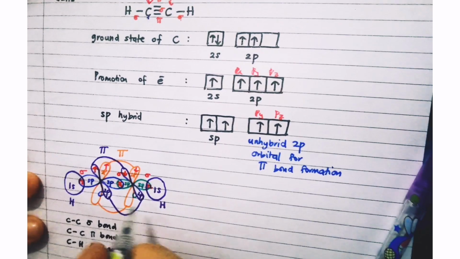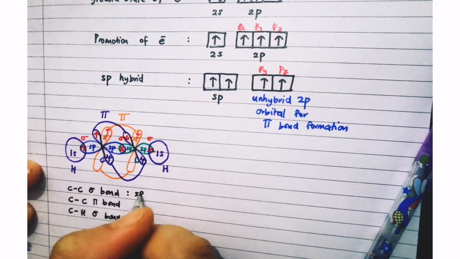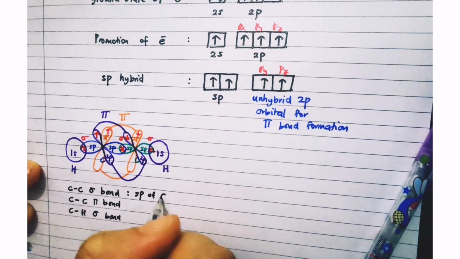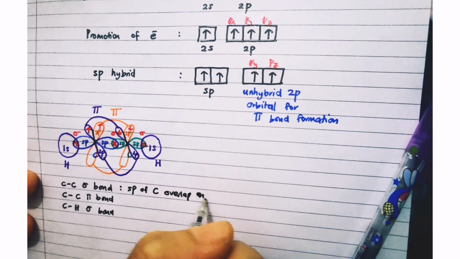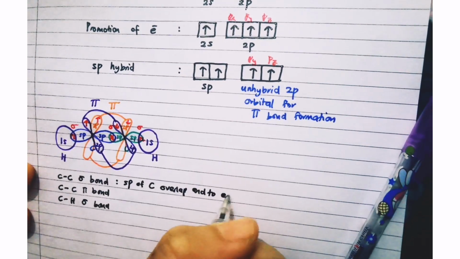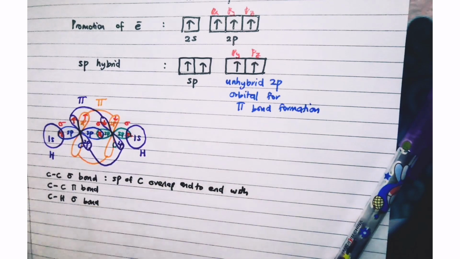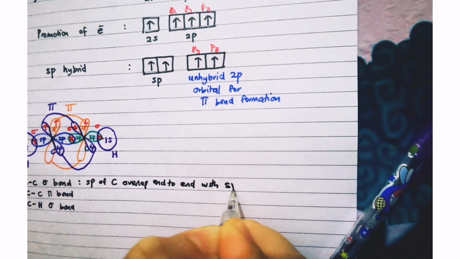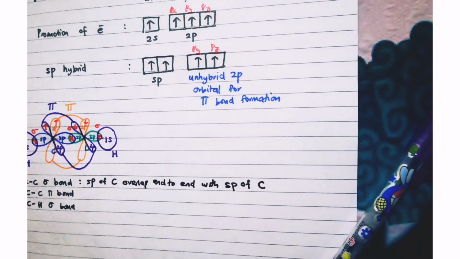The CC sigma bond is formed when sp of carbon overlaps end to end with sp of the second carbon.